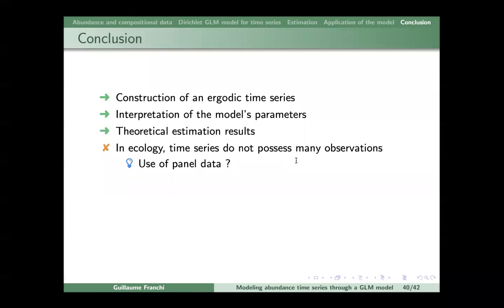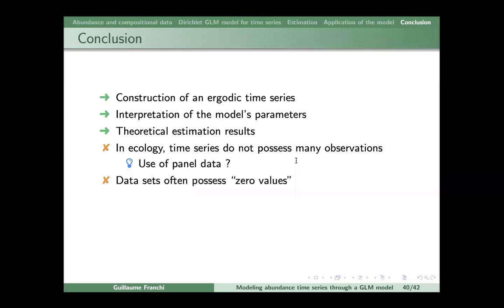So maybe it is possible to construct the same kind of model, but another estimator with the use of panel data. Maybe if we have a short period of observation, but with multiple sites, we will be able to build a good estimator, and it will be feasible.